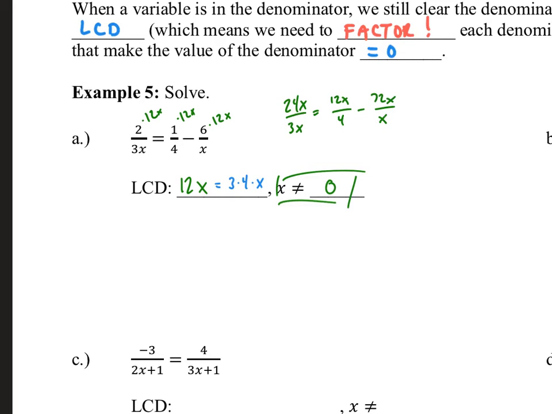And then I reduce. What's 24x divided by 3x? Oh, that's 8. What's 12x divided by 4? Oh, that's 3x. What's 72x divided by x? Oh, that's 72. Okay, and then we have a linear equation, we can solve it.